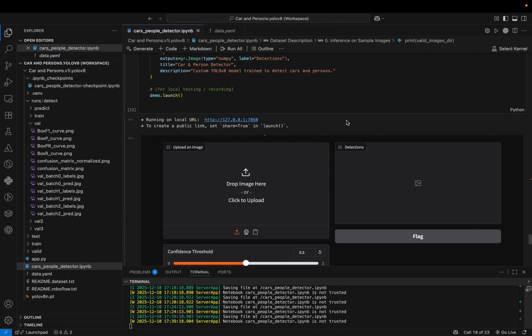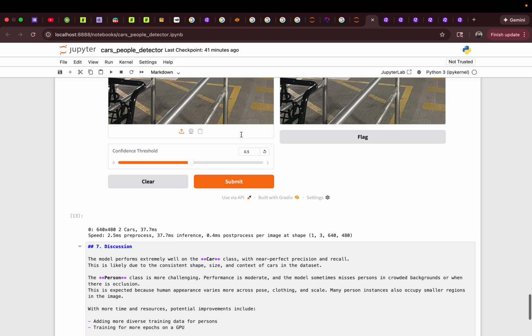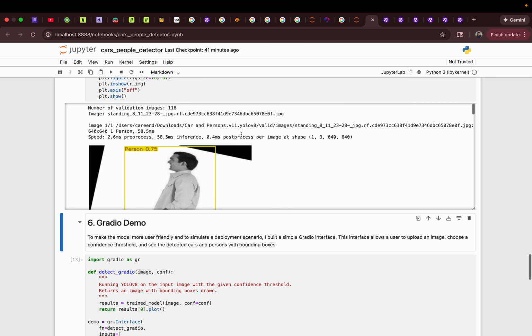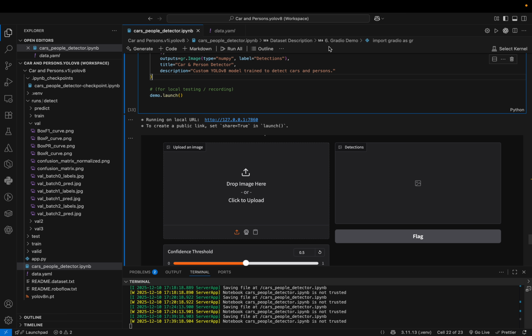Before I do that, I want to explain that I am using the notebook in the browser because I couldn't find any kernel, and I tried to fix this but wasn't able to, so that's why I'm using the Jupyter notebook on the browser, which works perfectly fine.